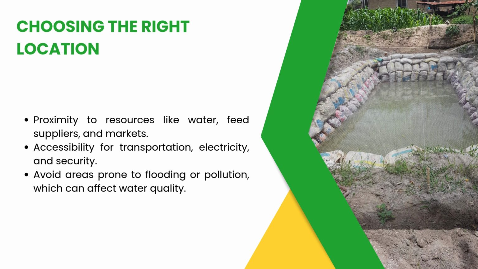So when you move your fish, you don't have a lot of accidents that cause harm to your fish. Avoid areas that are prone to flooding, because once there is flooding, all of your fish will go away. And avoid areas that have pollution, because pollution will affect your water quality, airborne and waterborne.